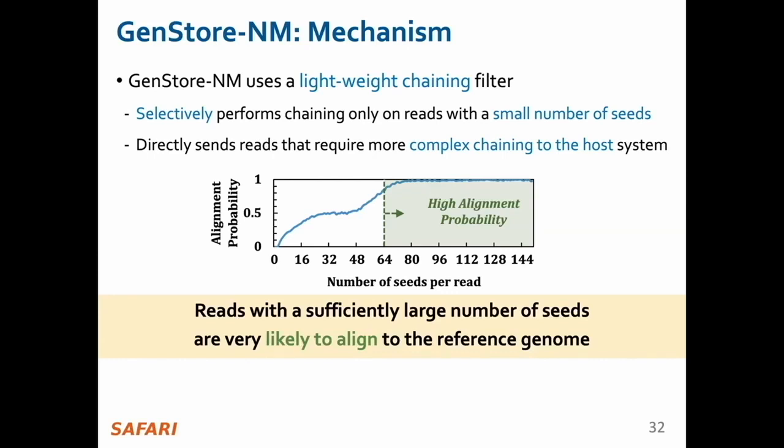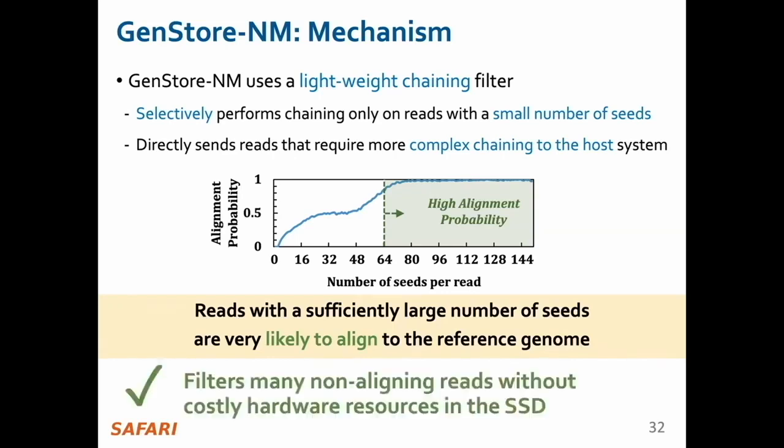In a nutshell, there is no point in having a bulky accelerator to work with reads that have many seeds, because these reads in all likelihood would not be filtered. So we conclude that the selective lightweight chaining approach can filter many non-aligning reads without costly hardware resources in the SSD.